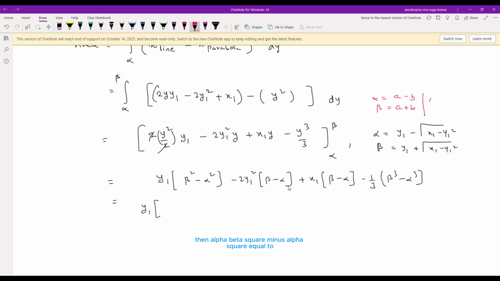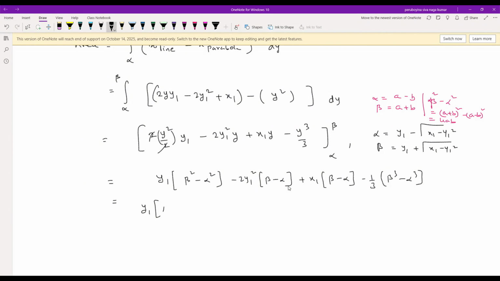Then beta square minus alpha square equals a plus b whole square minus a minus b whole square. How much is this? A square, b square cancel, 4ab.